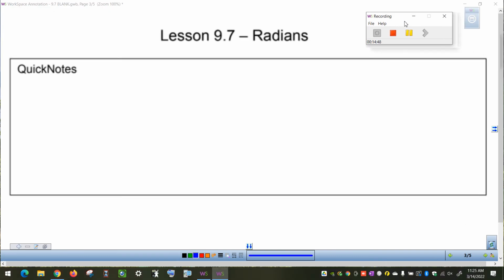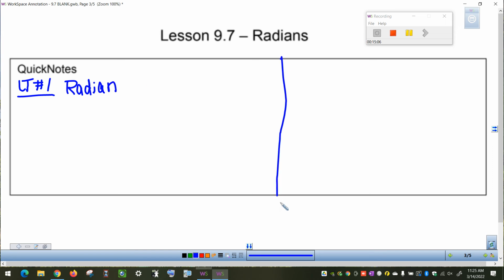All right, so we really have 2 learning targets for today. So the first one was to understand how a radian can be used to measure an angle. So what we're going to start with here is going to look like a definition for radian.